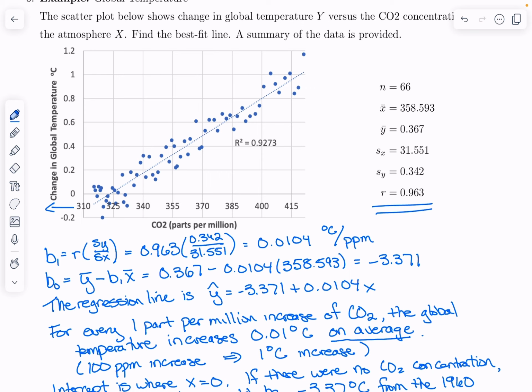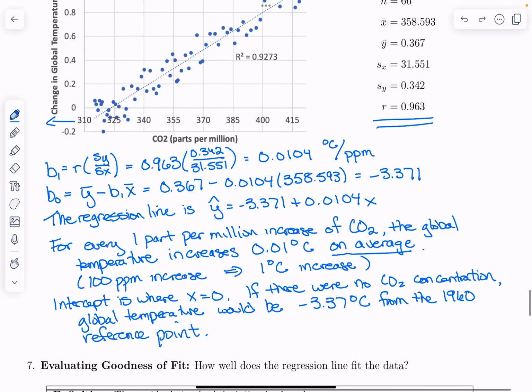That's probably not realistic. You shouldn't be extrapolating beyond where your data lie, or at least far beyond where the data lie. But nevertheless, that is a way we could interpret the intercept if we choose. And again, it makes a little bit more sense when the intercept is closer to your data range.